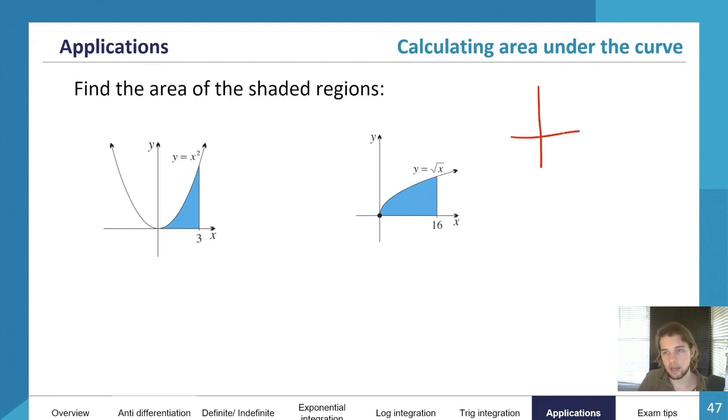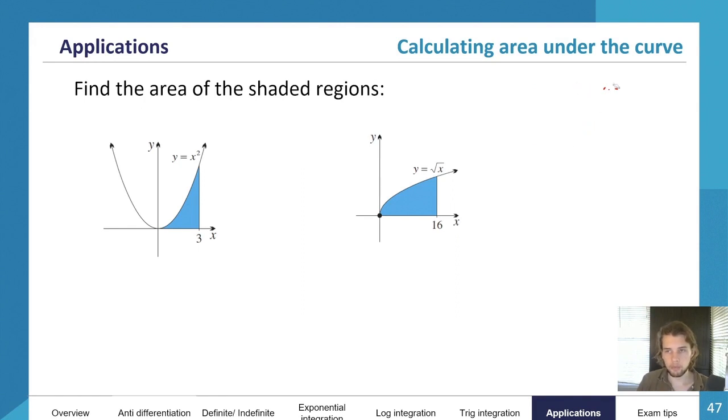So if you had a parabola, it could tell you to find the area beneath it, and then you would have to manually find what these points here are. So that's just another level instead of it giving you these points.